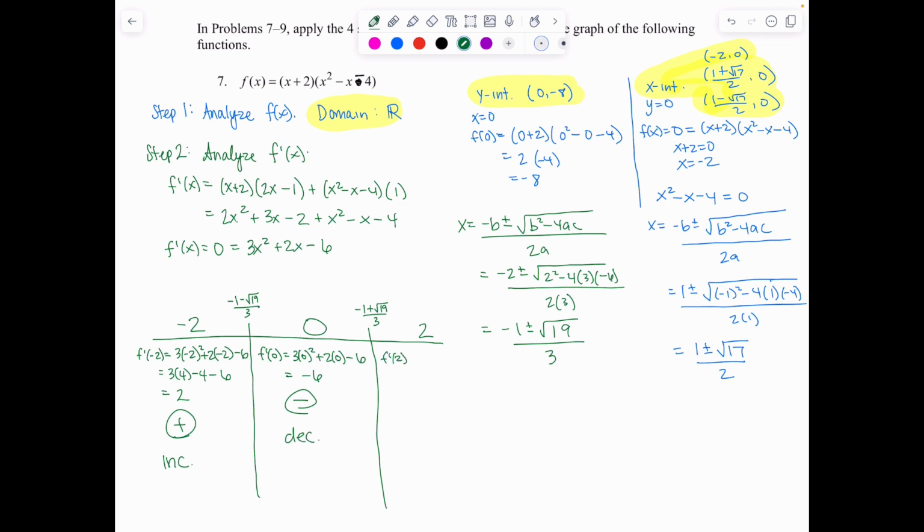And our derivative at 2, 3 times 2 squared plus 2 times 2 minus 6, 3 times 4 plus 4 minus 6 will be 10, positive, increasing.